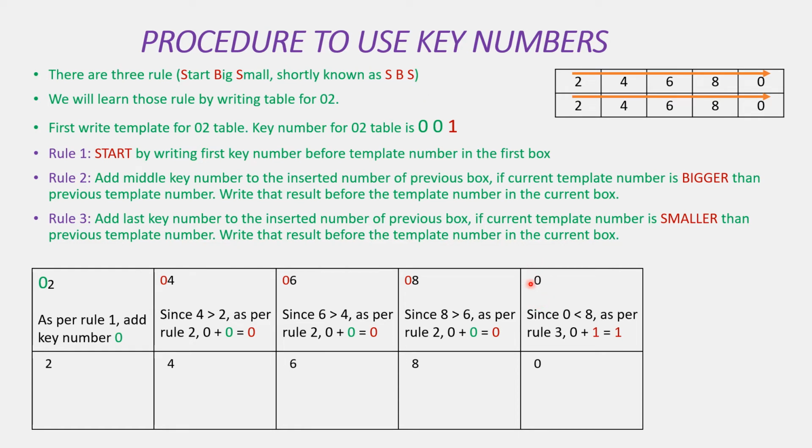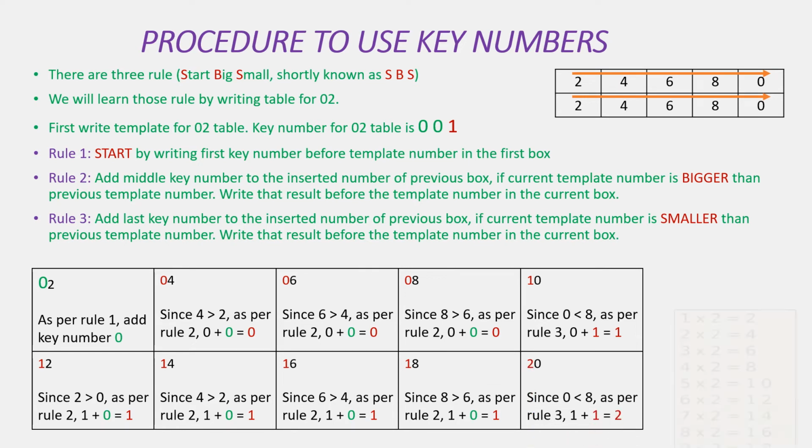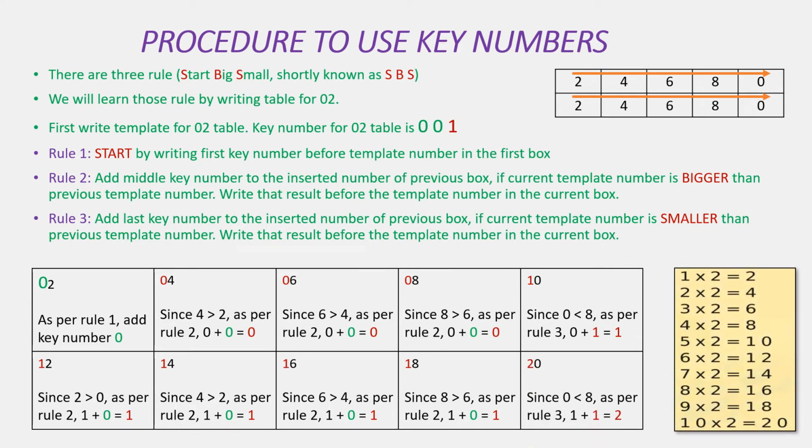Since 0 is less than 8, as per rule 3, we have to add the final key number 1 to the previously inserted number 0, and the result is 1, which needs to be written before the template number in the current box here. Again here 2 is greater than 0, so we have to follow rule 2. Continue like that, we will be able to write the 2 table very easily, and we can verify here.